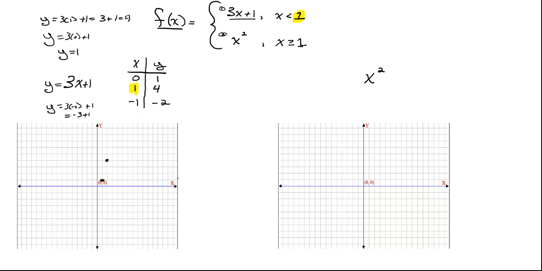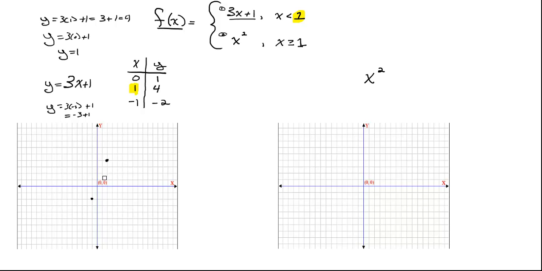And then we're going to have negative 1, negative 2, so we're going to be down approximately right here. Now I want to connect this. Oh, okay. I graphed the first problem incorrectly.